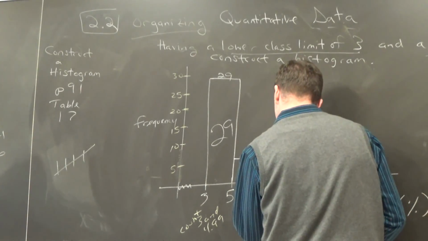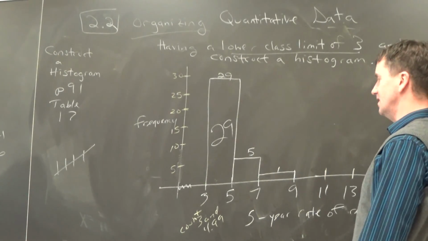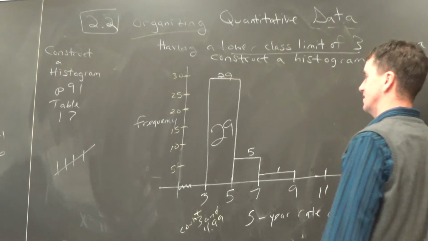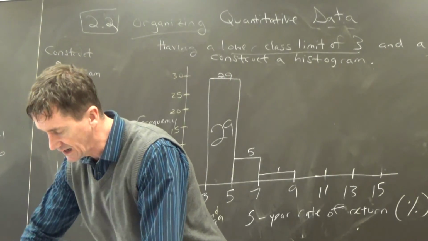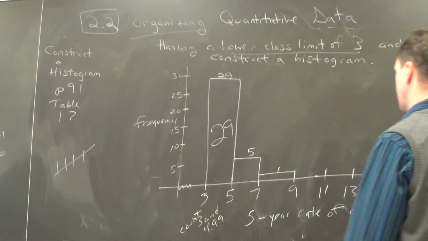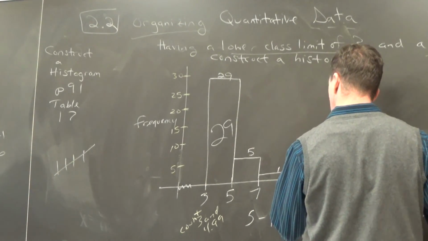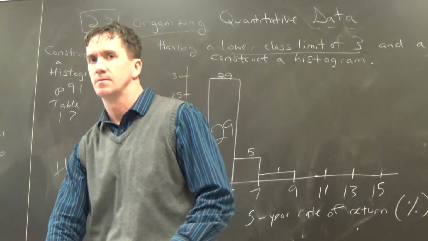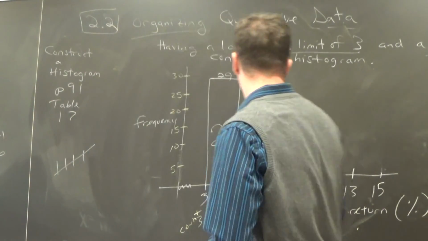Yeah. There's one high, huh? How many between 9 and 10.99? 4, right? Someone else get 4? All right, 4.